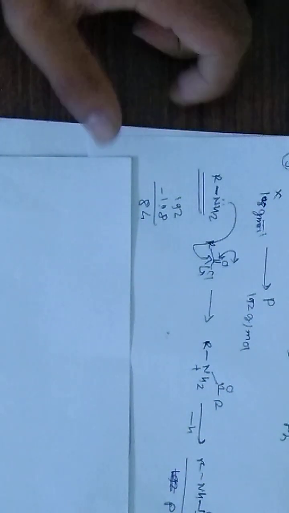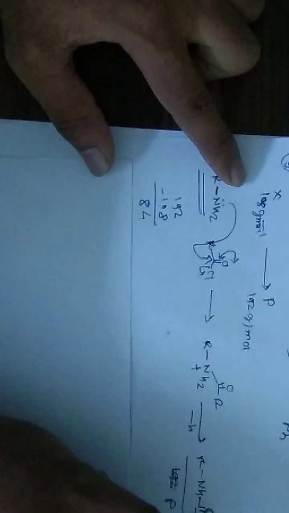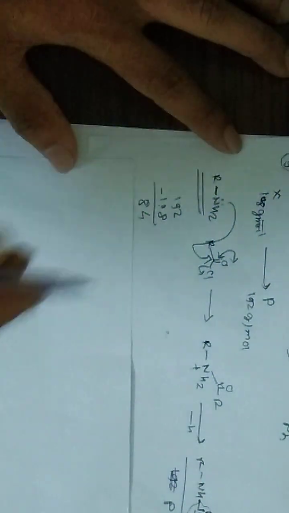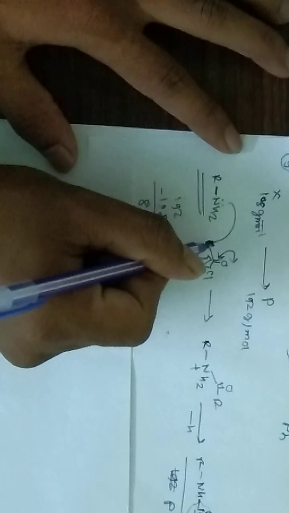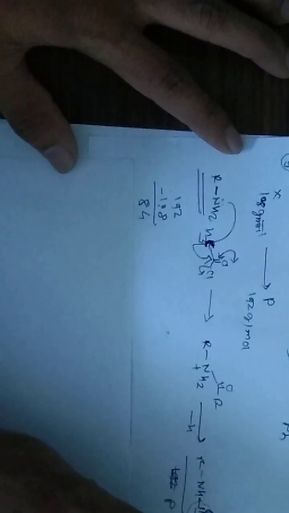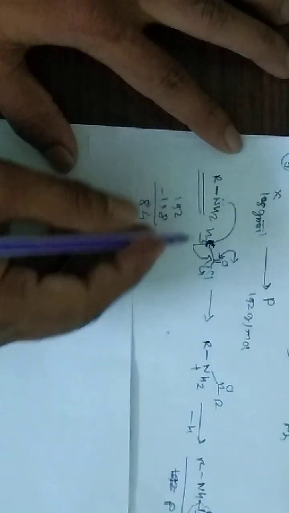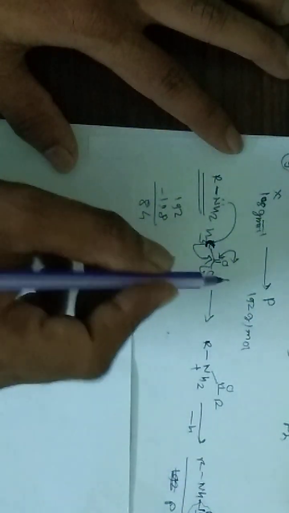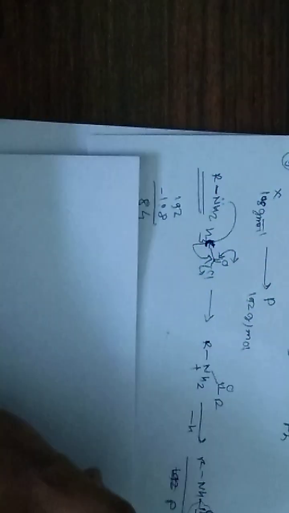So by adding this group in acylation, here a CH3 group is there, so here also a CH3 group is there. So how much mass is increased? 84. Due to which group? CH3 C double bond O.